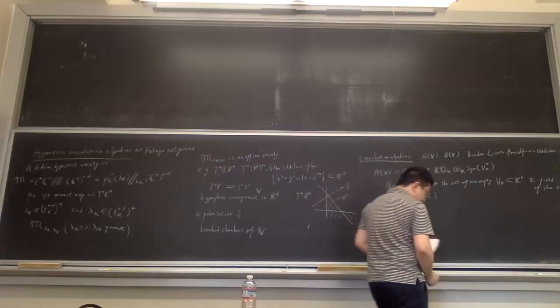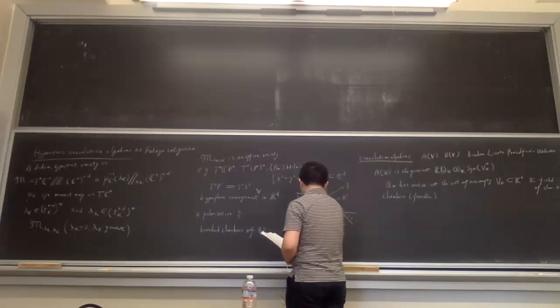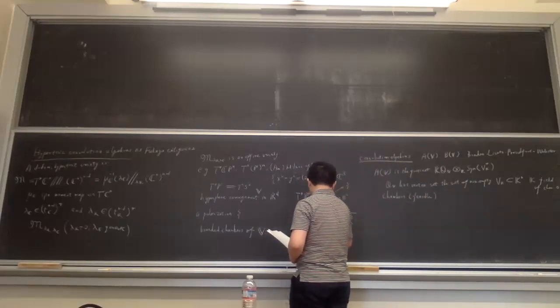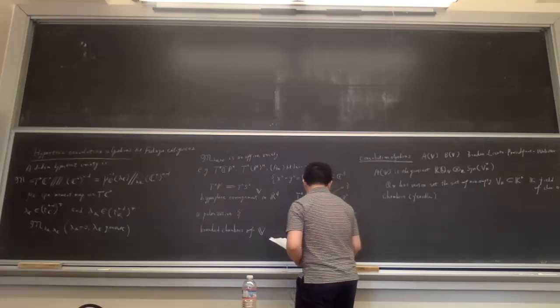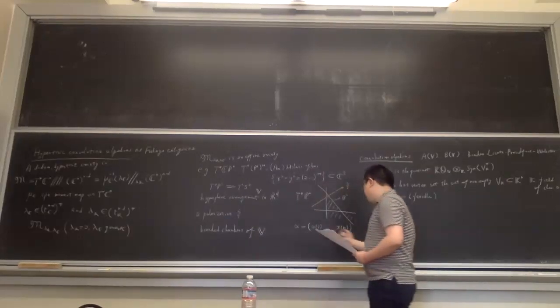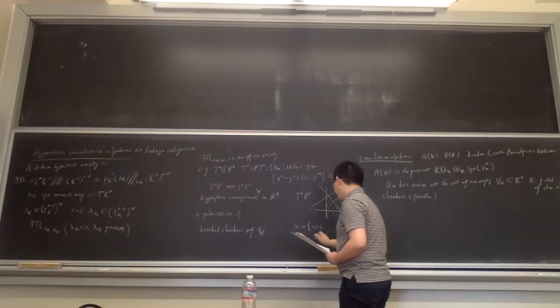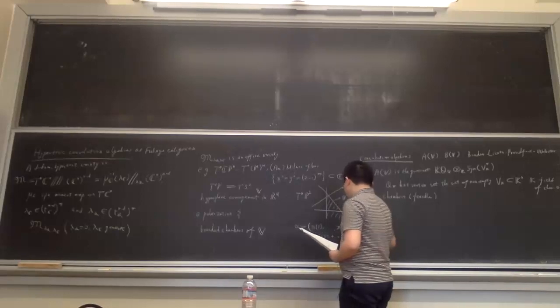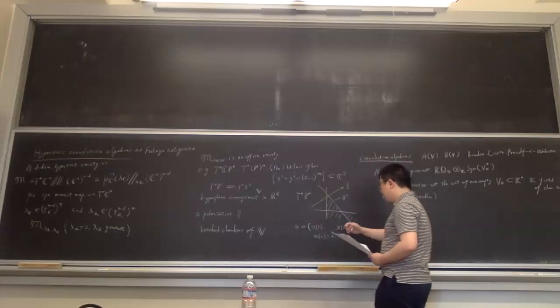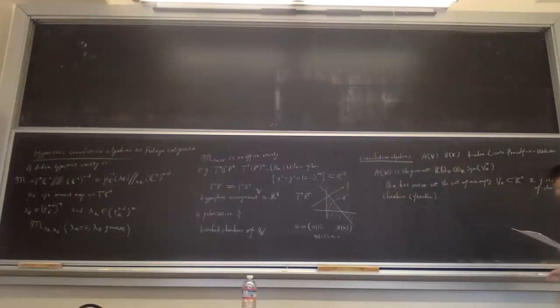For each hyperplane you have a sign, so every alpha i is equal to plus or minus. This is equivalent to specifying a chamber. But sometimes a sign sequence could correspond to an empty chamber. That's why we have the notion of feasible sign sequences.